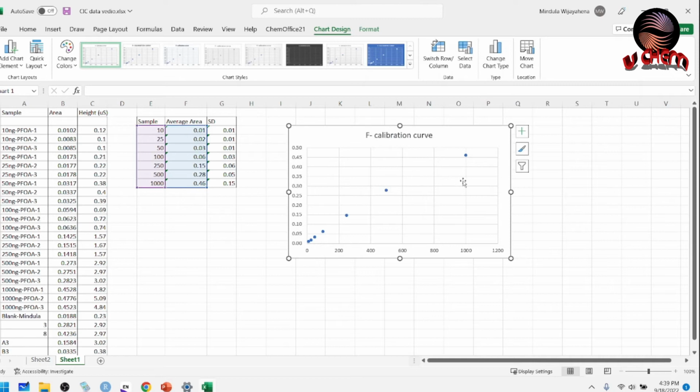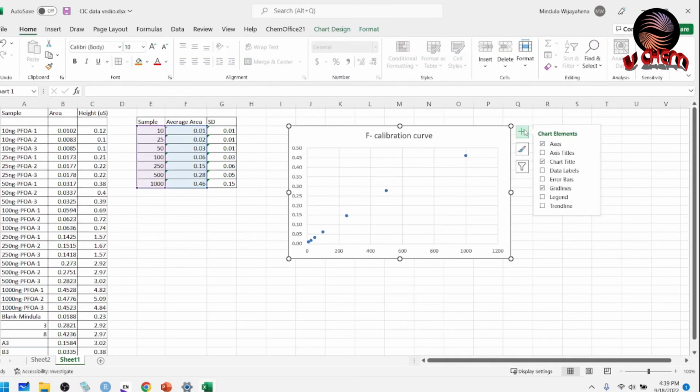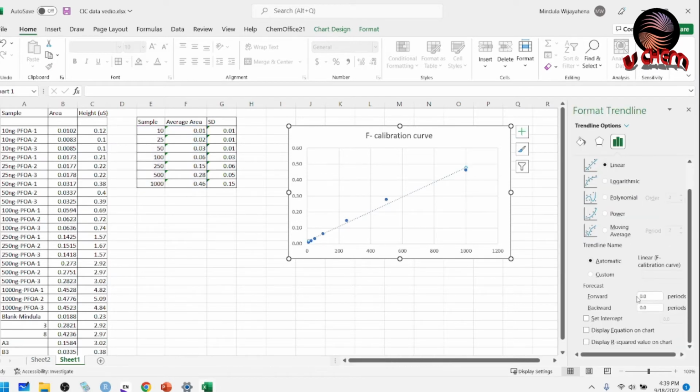Okay, now you have the points. Now you need to get the trend line, because in your calibration curve you have to go with trend line. Select the graph, plus sign, trend line. Don't tick this one, go with the arrow and go to more options. Then it's asking you, do you want to make the intercept 0, and so on.